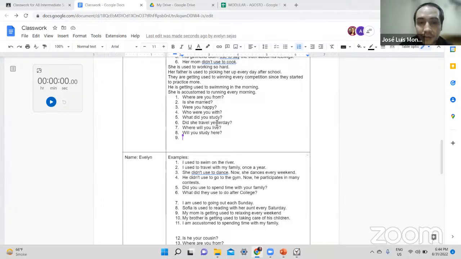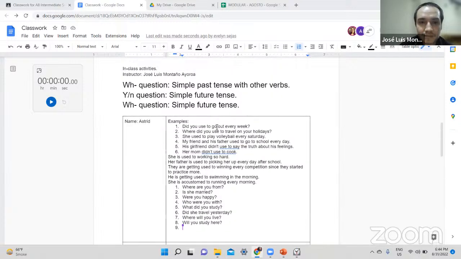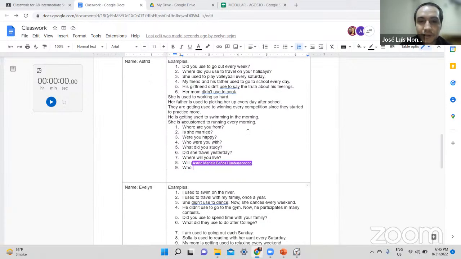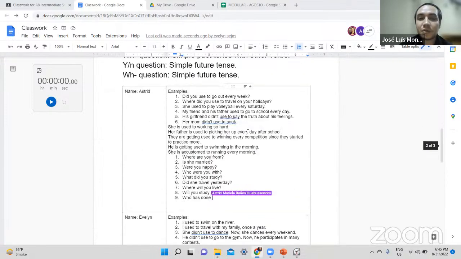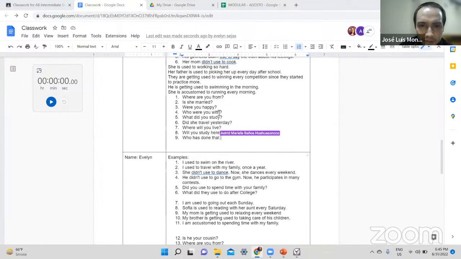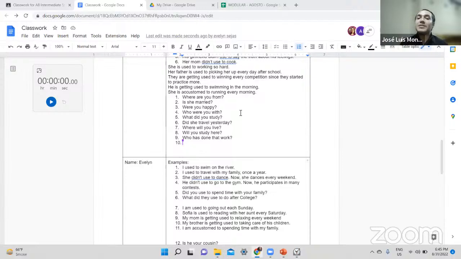Something that I'm noticing here, actually, this is yours, right, Astrid? We are also missing questions with the simple present tense, if I'm not wrong. Yes, so we are also going to add that, please, Astrid, because in total we need 12 questions.